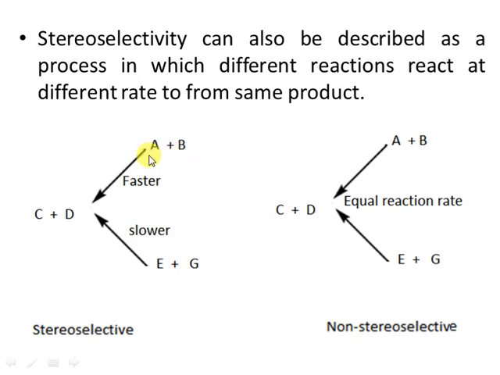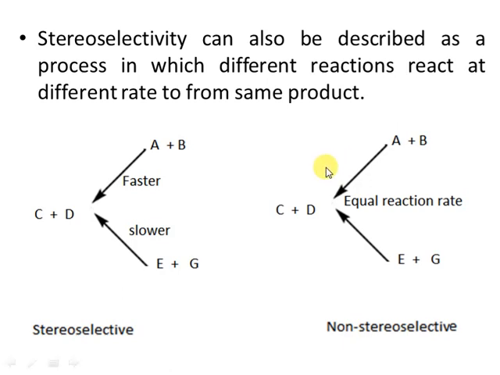Since the rates of the two possible reactions are different, although the product is the same, and the rate of reaction is faster for this reaction, this reaction is more favored. Whenever there is the concept of favor, it means that it is a selective reaction.